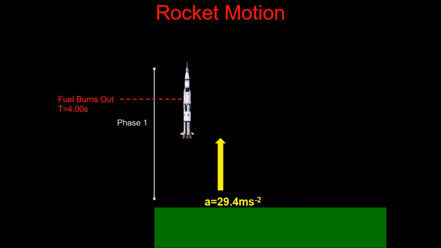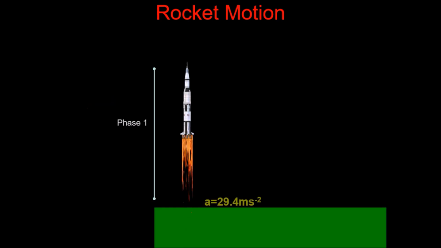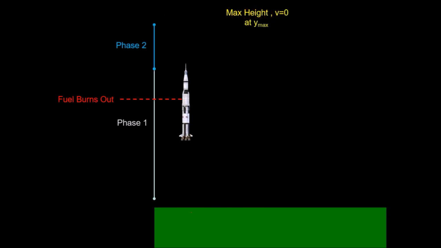So it moves up with 29.4 meters per second squared, and its fuel burns out after 4 seconds of motion. The rocket's going to continue upwards in what I call phase 2 until it reaches some maximum height. At that height, it's got to turn round and come back down.